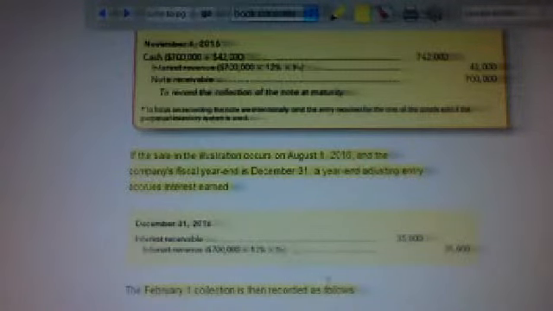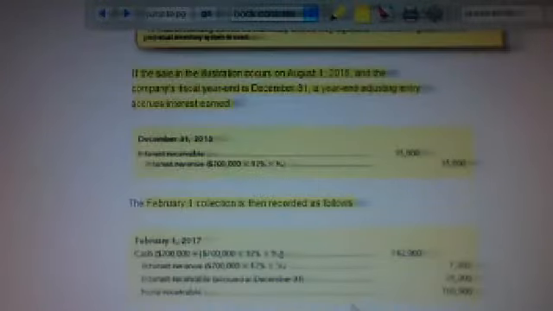1 month later, on February 1st, Stridewell is going to collect the cash, and they're going to collect $742,000, just like we did up above on the previous 6-month note calculation. However, they will have 1 month of interest credited to the income statement, the $7,000.